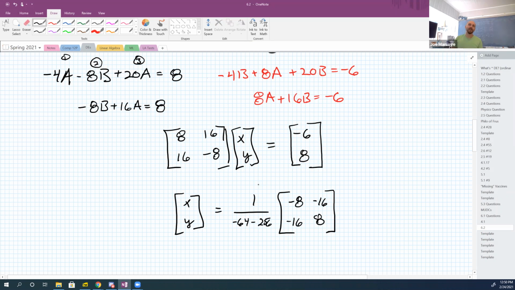Yeah, determinants are defined for square matrices. Okay. So that's the determinant of this matrix. And then I'm going to take this whole thing and multiply it by negative 6, 8. And in the end here, you're going to get numbers. They're going to be very ugly numbers.